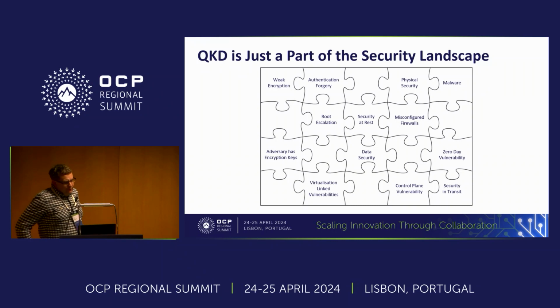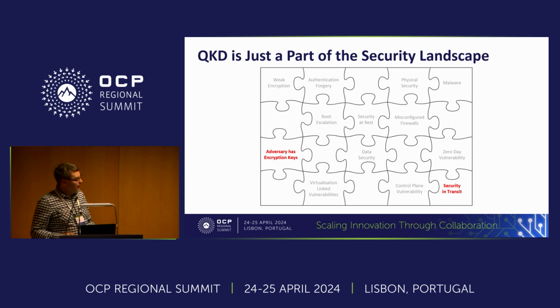So there are many attack vectors in the security landscape across all the infrastructure in any network, and QKD can play its part in a number of those aspects. And really, probably its primary function is in the secure sharing of encryption keys that can be used to secure data in transit.